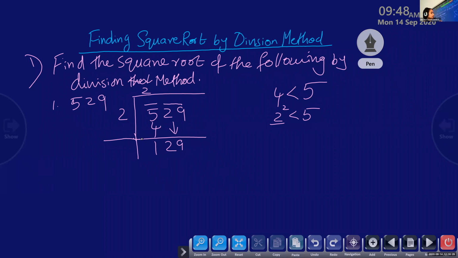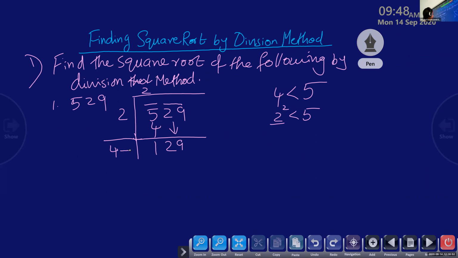The double of the quotient is 4. Put a dash on the right side of the double of the quotient. We have to fill it.